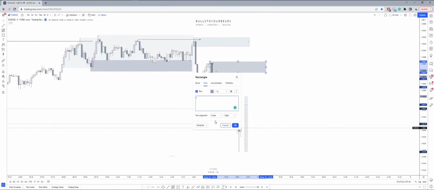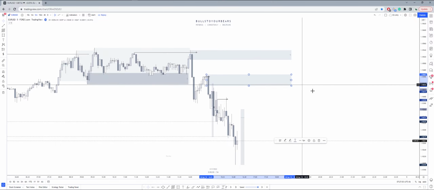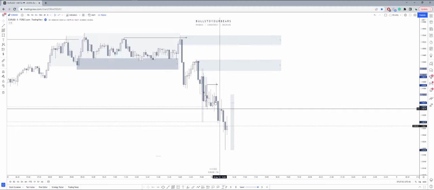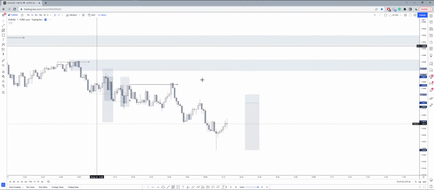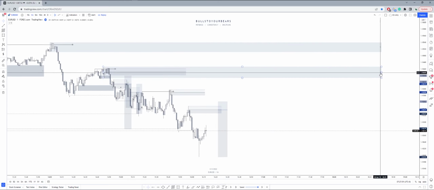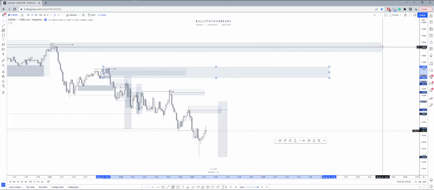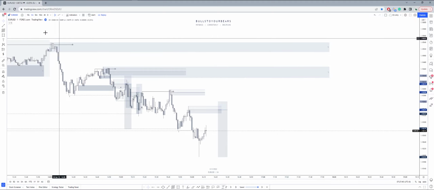So this is 5 minute supply. We have this supply over here, and this supply. This is a valid supply. Honestly, I'll slap an order here anytime. I have these 2 supplies that I'm looking to trade from.